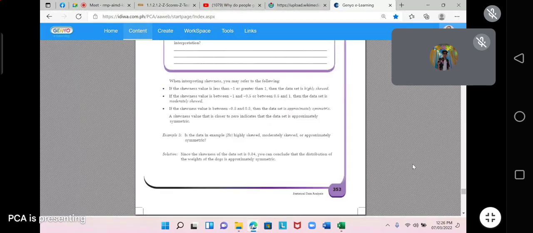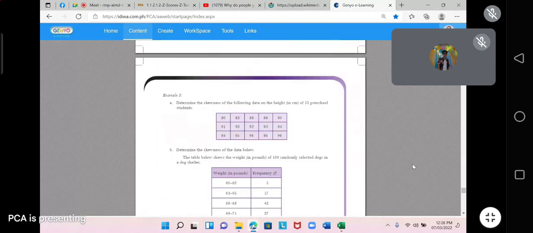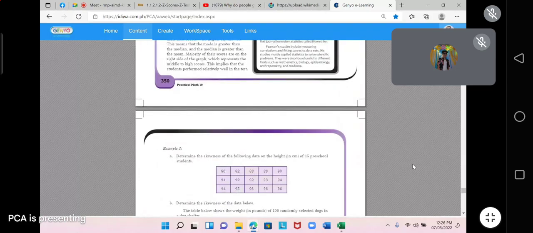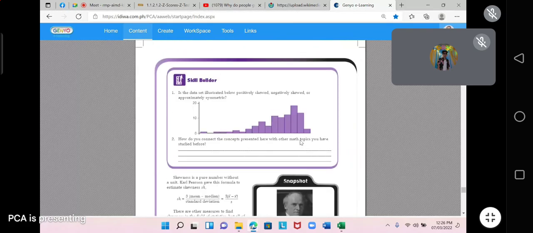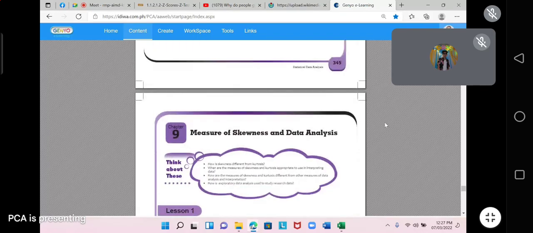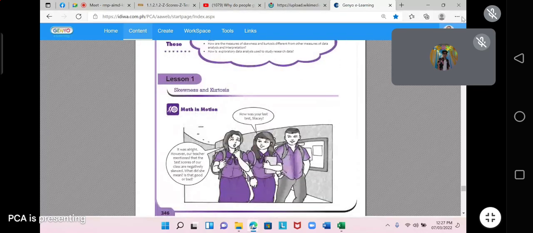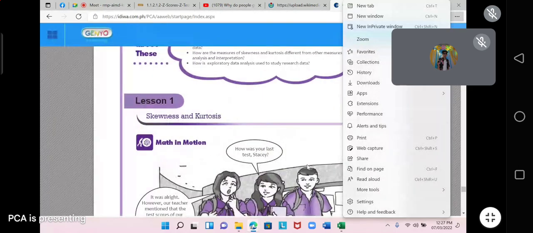Okay, this haunts you again, no? There's grouped and ungrouped data again, no? Okay. So let's have this one. There are three students, they're talking about the skew of their score.